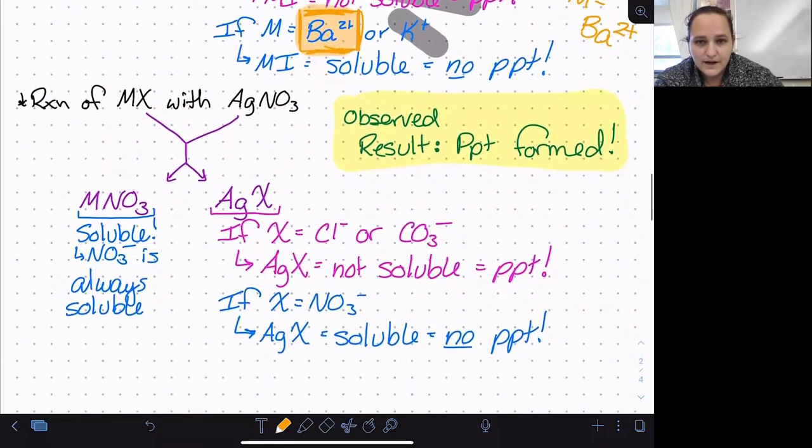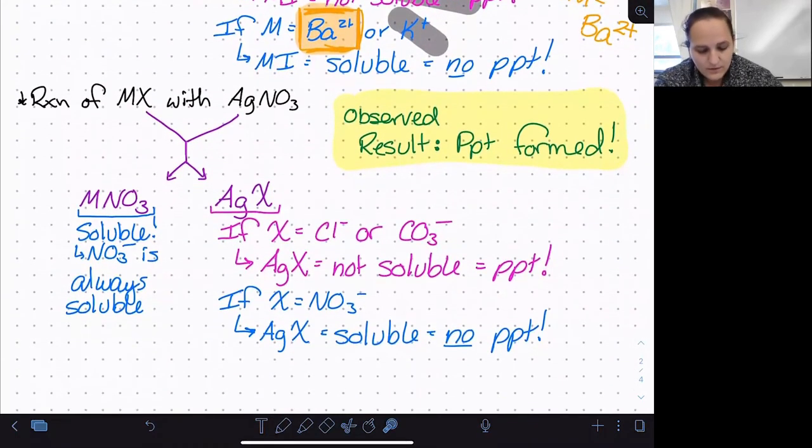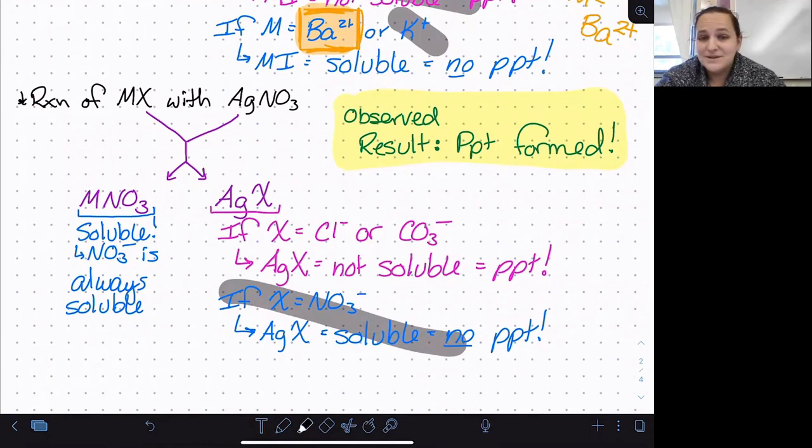For our next 2 reactions, when we mixed our unknown substance with silver nitrate, we saw that a precipitate did form, which knocks out nitrate as an option. Nitrate is soluble with everything. So if we ever see a precipitate form from something, regardless of what the cation is paired with, the nitrate cannot be the anion. So that is narrowing it down to chloride or carbonate as our 2 possible choices.